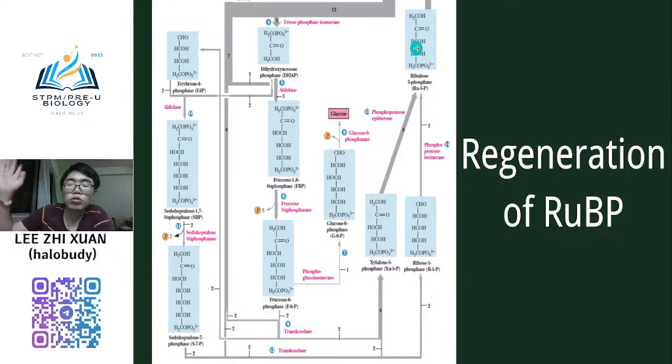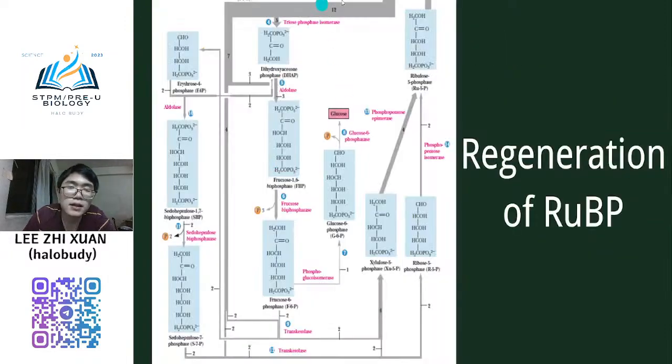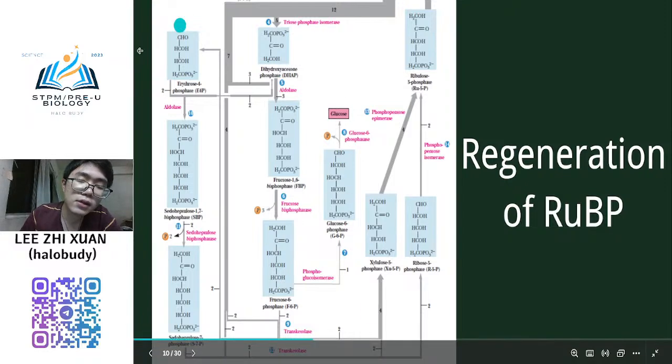Later it will go toward the carbon dioxide. So from here, after glyceraldehyde 3-phosphate is produced, later it will undergo all these series of reactions.